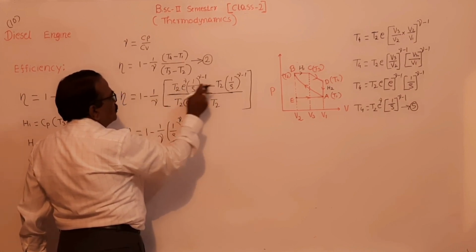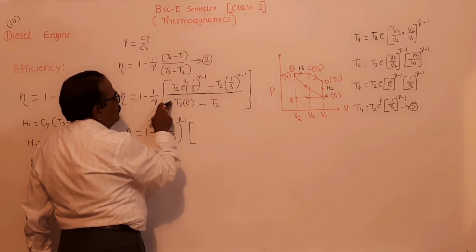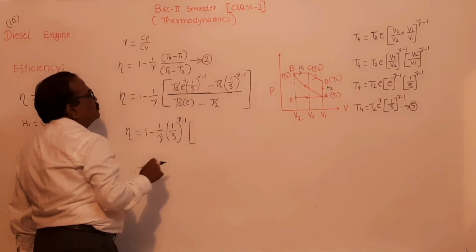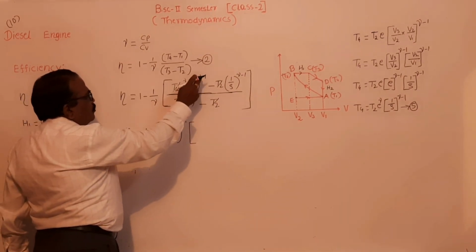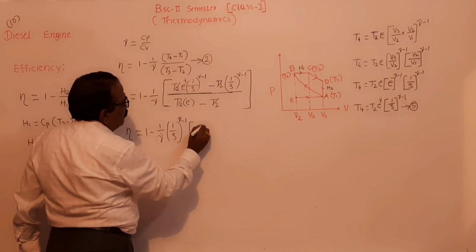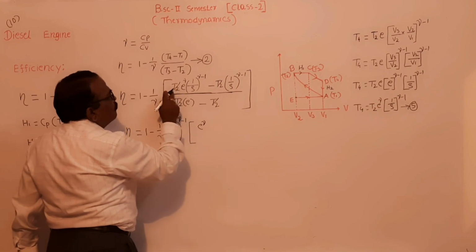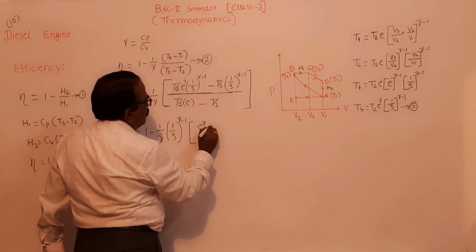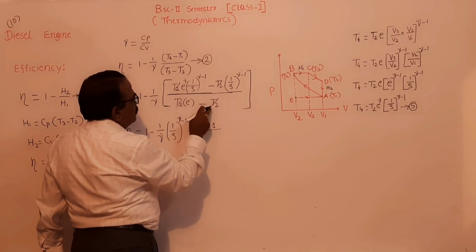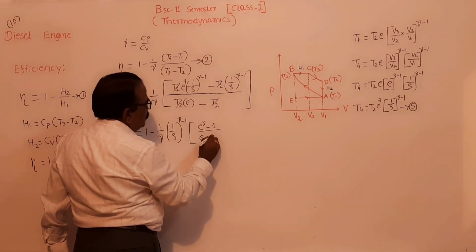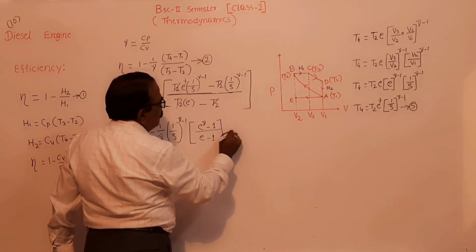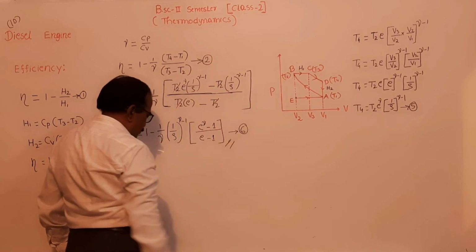If you take T2 outside, all these T2 cancel. That means all these T2 cancel. And 1 upon rho to the mu minus 1 is taken. In the numerator it is E raised to nu minus 1. What is in the denominator? This is E minus 1. Call all this equation as 6.